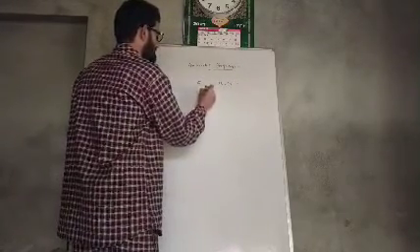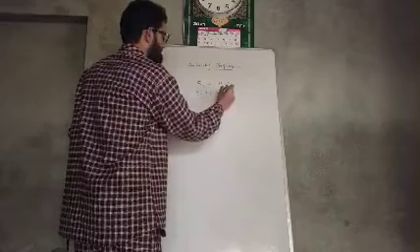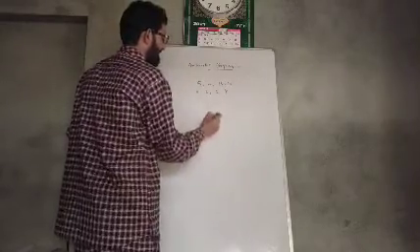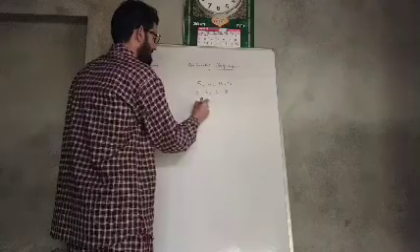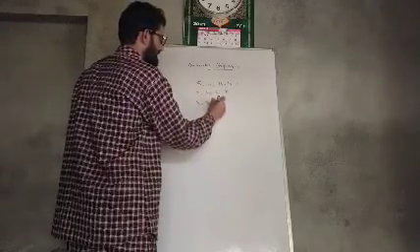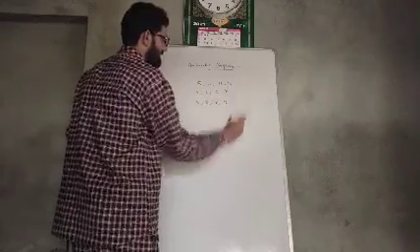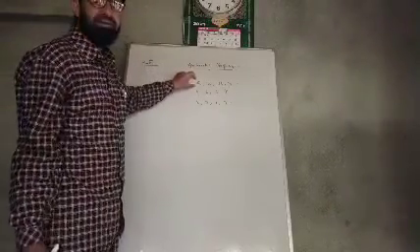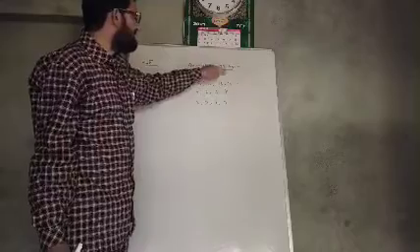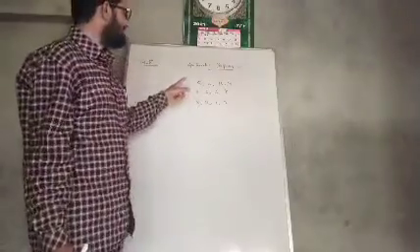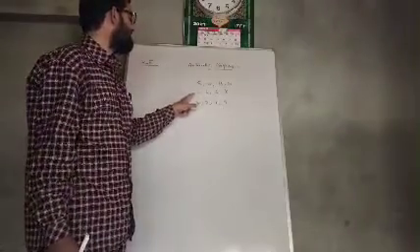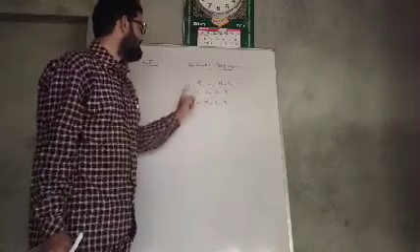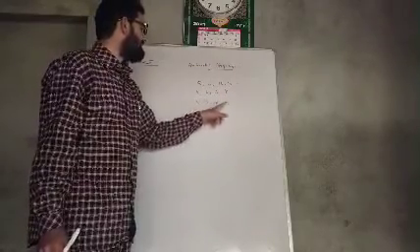This is 2, 4, 6, 8, and so on. This is 3, 5, 7, 9, and so on. Now see, in these patterns, each is a list of numbers.